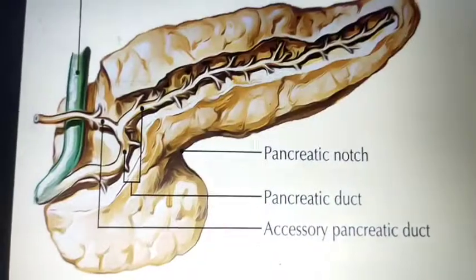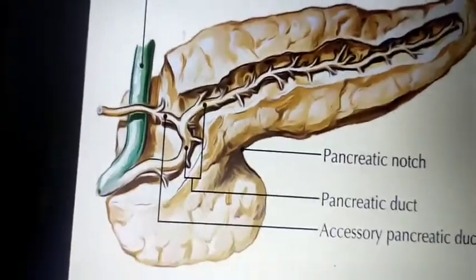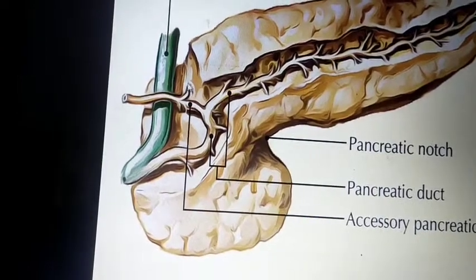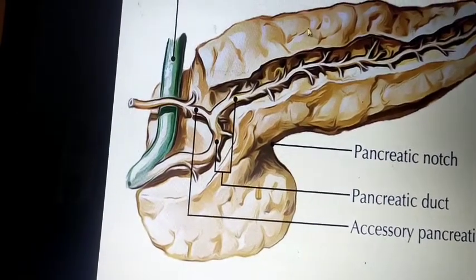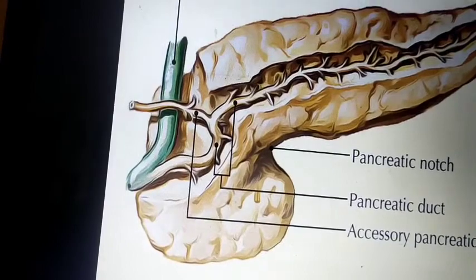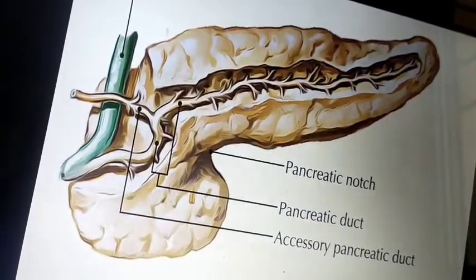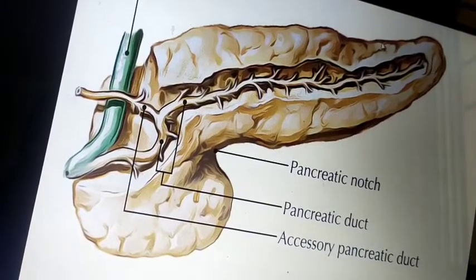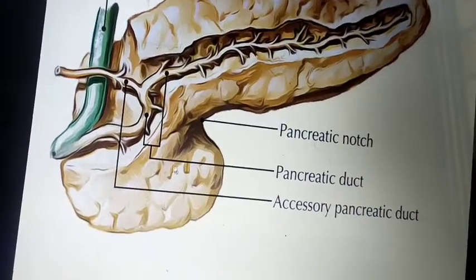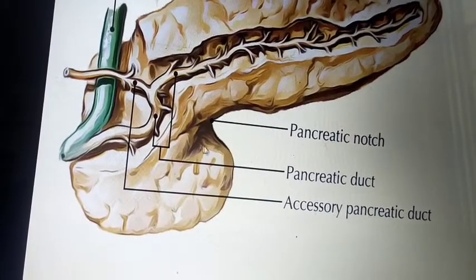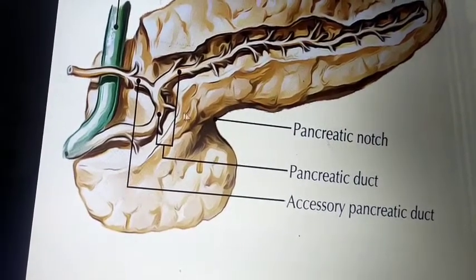In that you can see this is the head, this is the narrower part, the neck, and this is the body, and this is the tapering end of the pancreas, that is the tail. And this is the one process of the head, the uncinate process, and it has a notch-like structure at the level of the neck.